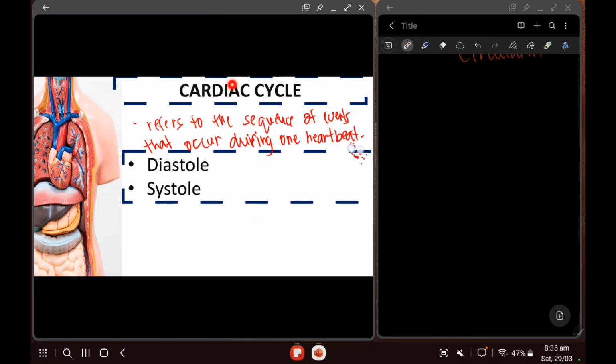So, we have two phases, diastole and systole. During diastole, our heart relaxes, allowing blood to fill the chamber. Then systole is when the heart contracts. It pumps blood out of the chamber to the arteries.